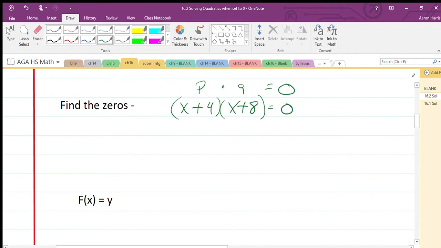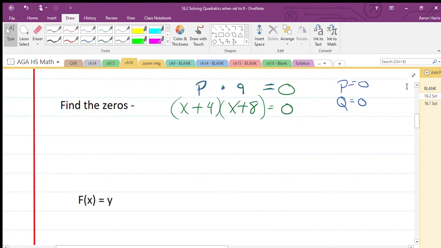Now, I have two different things going on here, and here's the reason why. If I have P times Q and I set it equal to 0, and P was equal to 0, then what would happen to Q? No matter what it was, my answer is still going to be 0. What if Q was 0? Then no matter what P is, my answer would still be equal to 0.